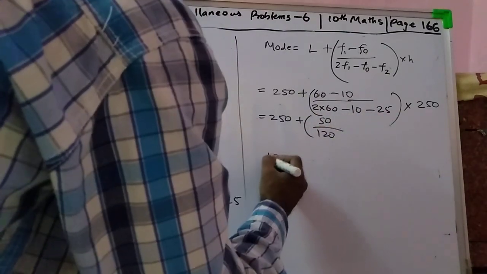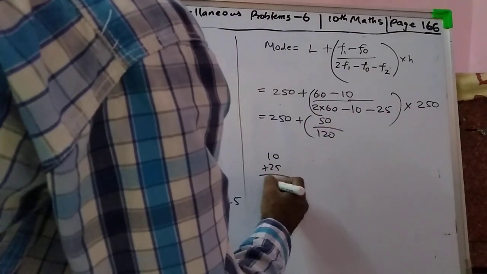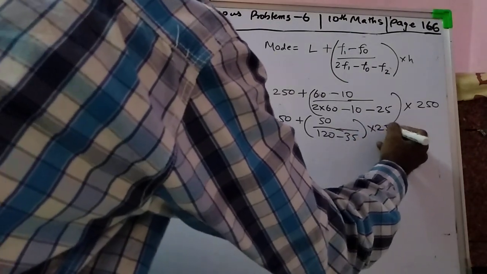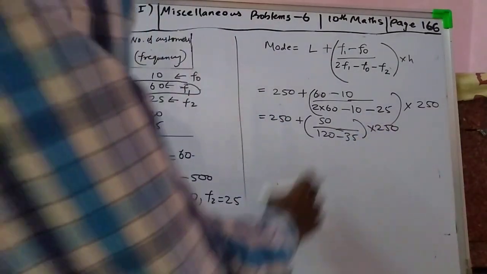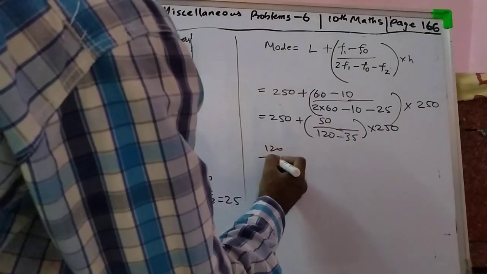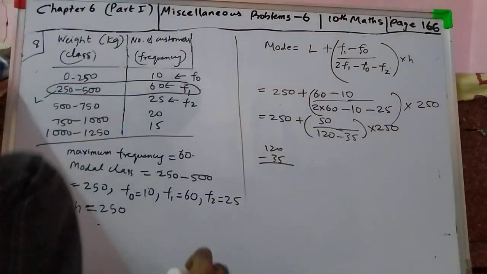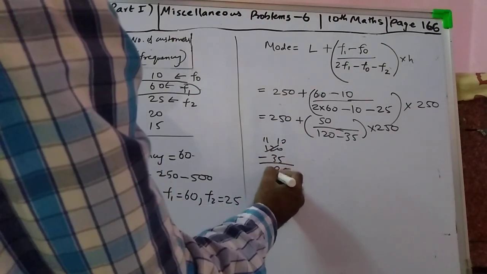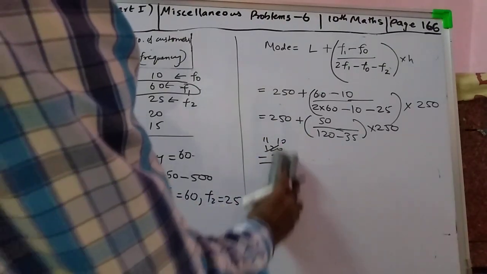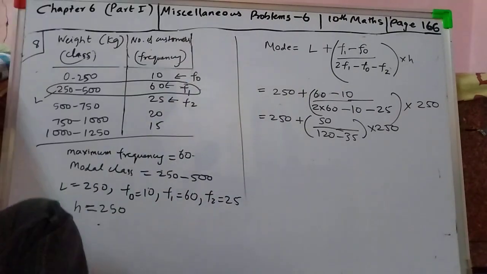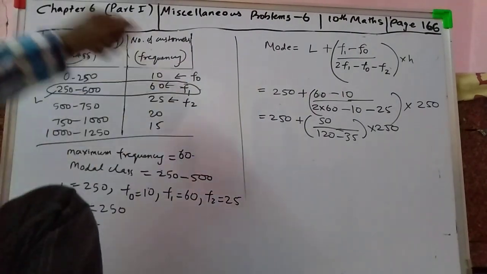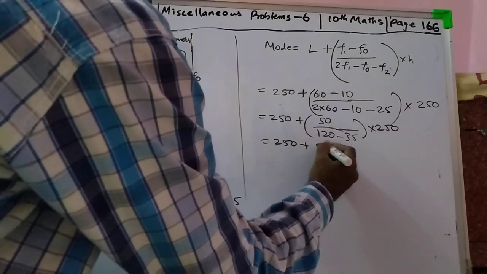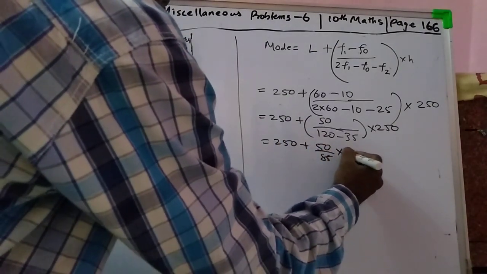Then 10 plus 25, 35. 120 minus 35 will become 85. So we write 250 plus 50 upon 85 into 250.